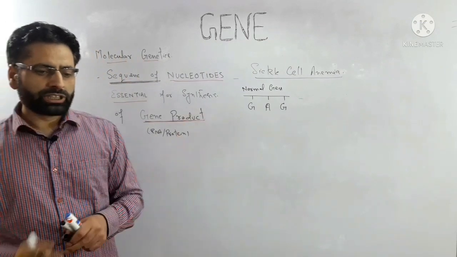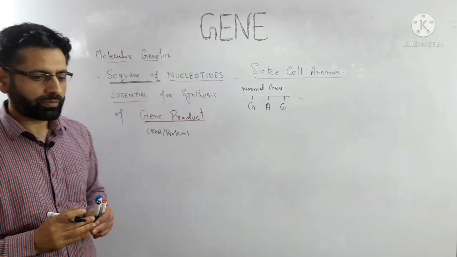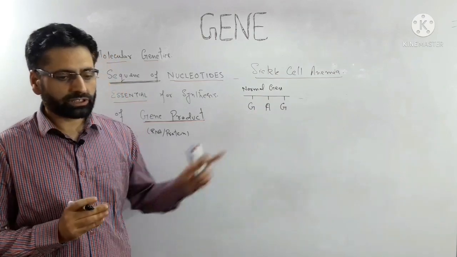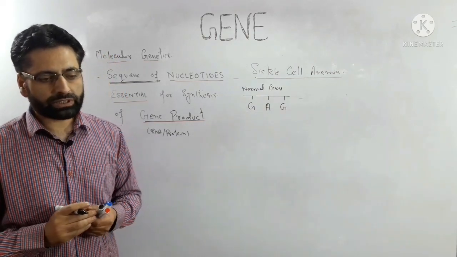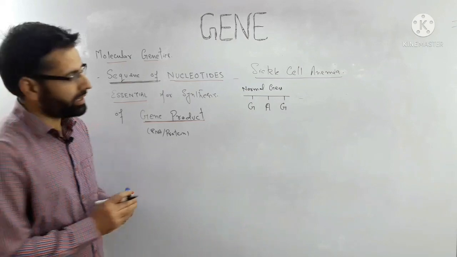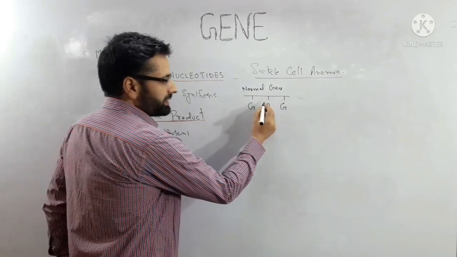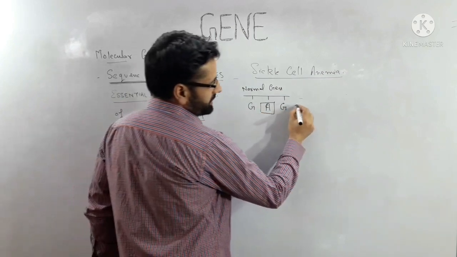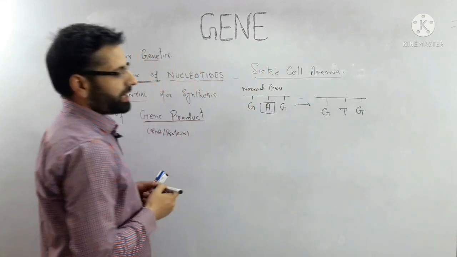This is the normal gene. The normal gene has the sequence G, A, and A. There's a guanine, adenine, and then again guanine. Here in this case a mutation occurs and this adenine gets changed into thymine.